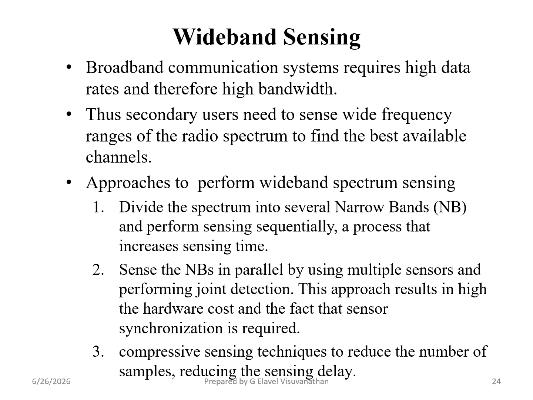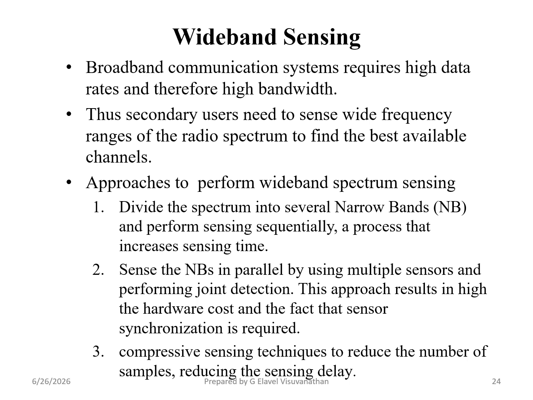How are you going to approach the wideband spectrum? Divide the spectrum into several narrow bands and perform sensing sequentially, a process that increases sensing time. Instead of going with a wide band, here we divide it into several narrow bands, so we can easily sense them. Or sense the narrow bands in parallel by using multiple sensors and perform joint detection.